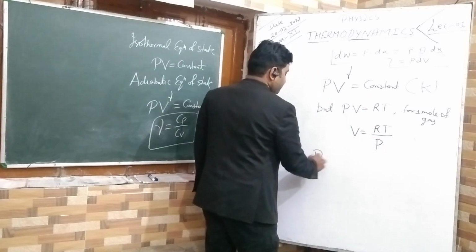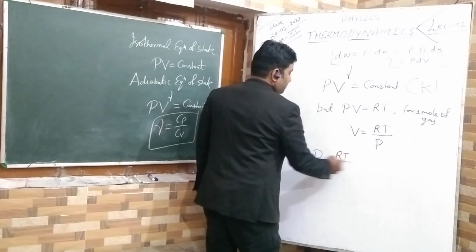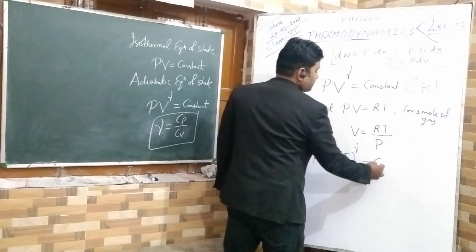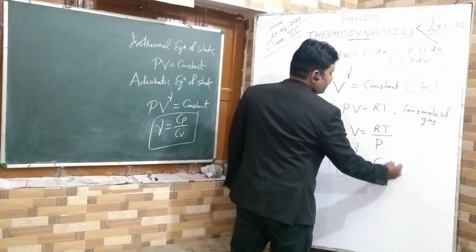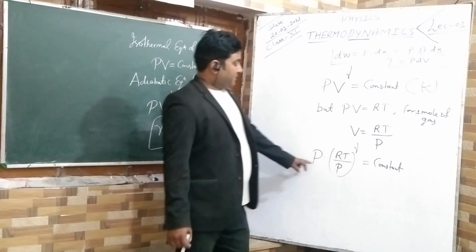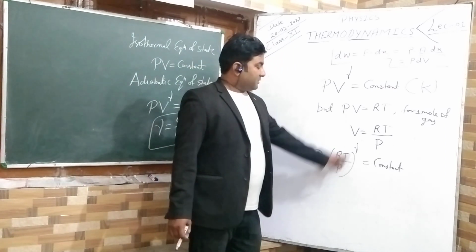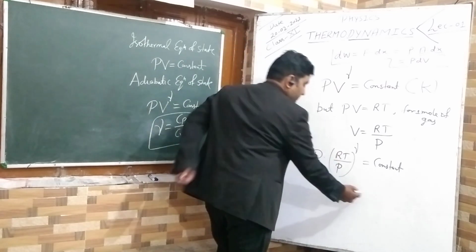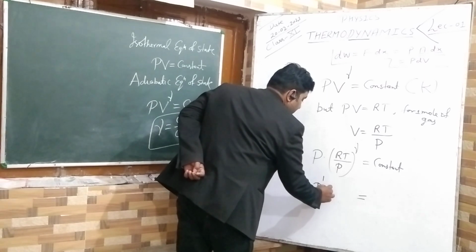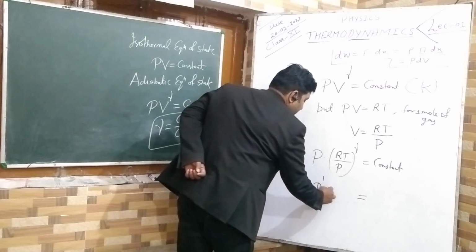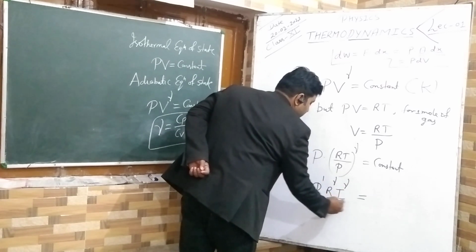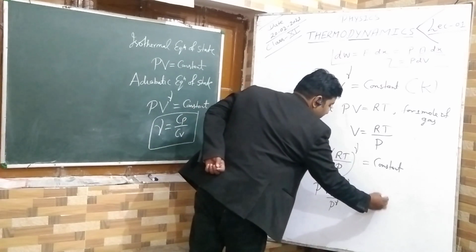Then P times (RT upon P) to the power gamma is equal to constant. Then this pressure is alone, but this pressure is to the power gamma. Then it will be P to the power 1 and R to the power gamma, T to the power gamma upon P to the power gamma is equal to constant.